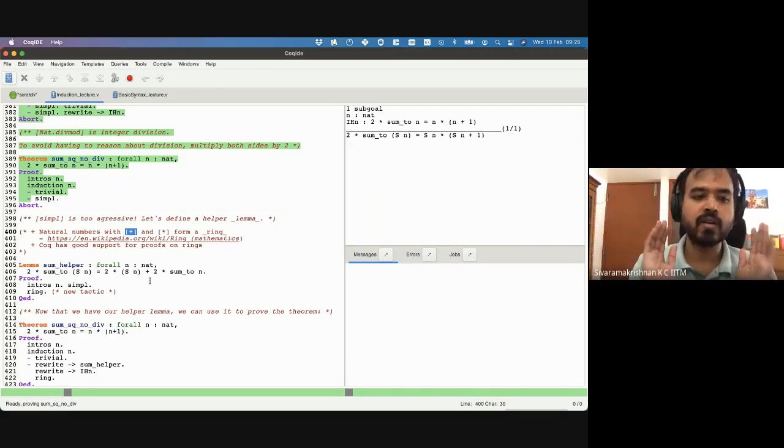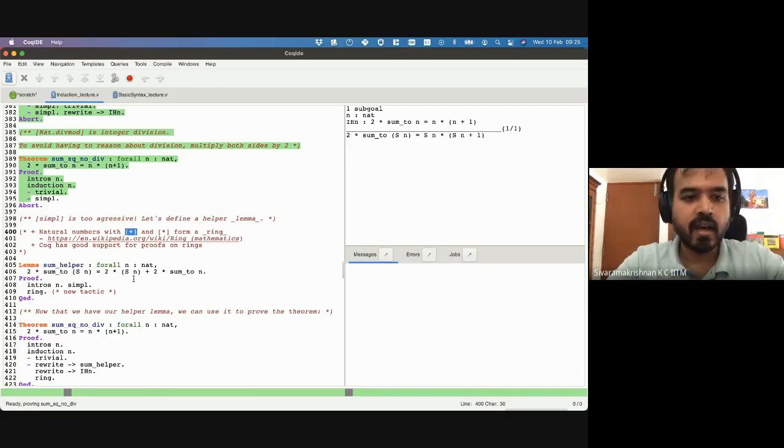Actually, ring works on all algebraic structures which have the ring property, and natural numbers with addition and multiplication have the ring property. I mean, they form a ring. Everyone knows rings, right? So if you don't, you can just look up this page on Wikipedia. I think rings are actually quite fun.